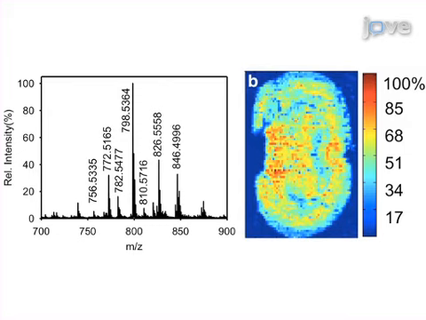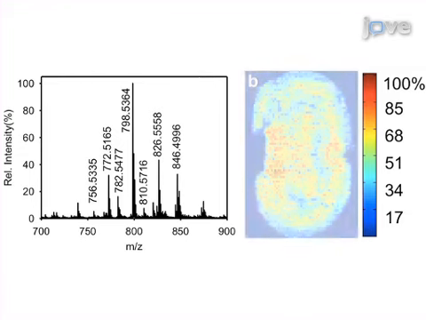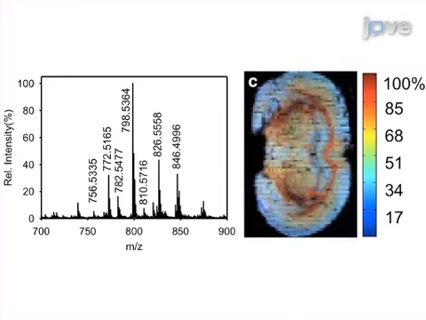In contrast, the species potassiated phosphatidylcholine 36:1 with a mass-to-charge ratio of 826.5558 shows increased intensity in the cerebellar peduncle or white matter. The composite image obtained for the two ions highlights the contrast in lipid distribution across the tissue section.